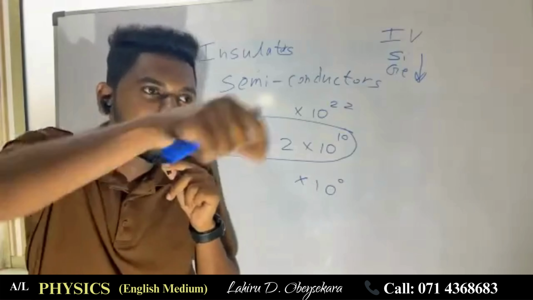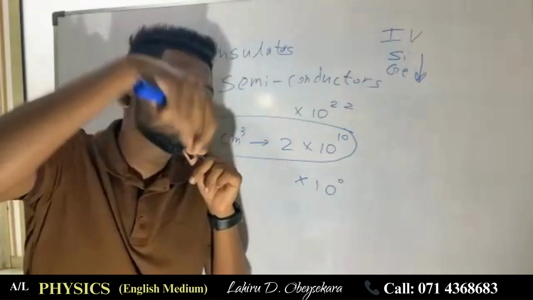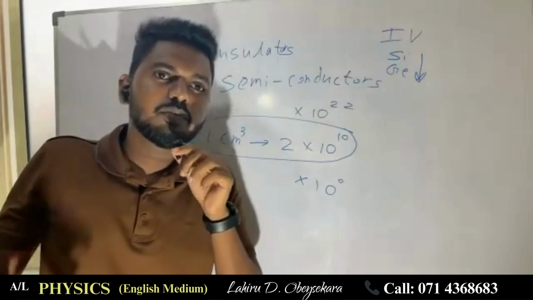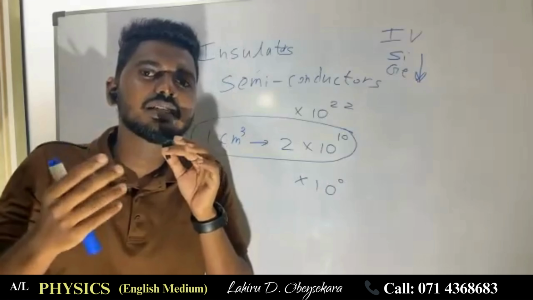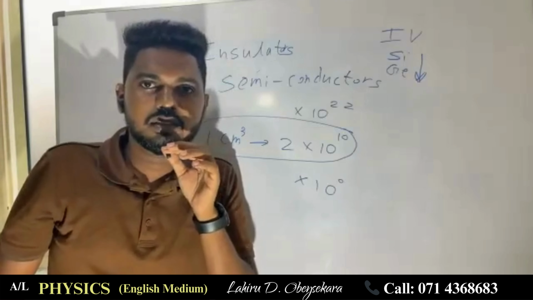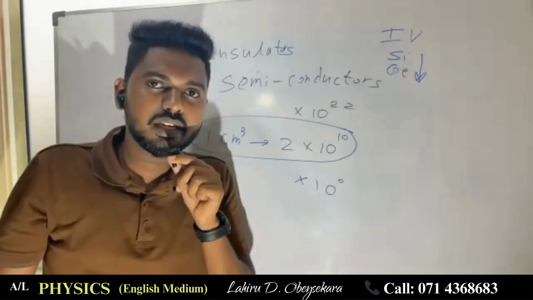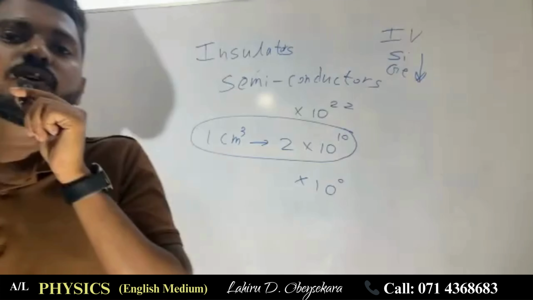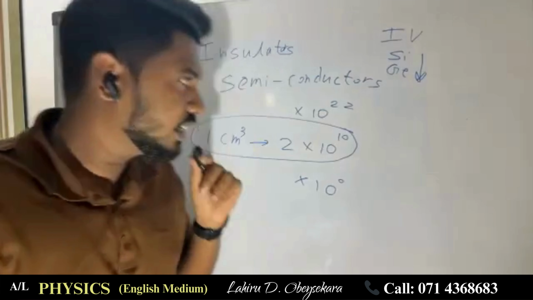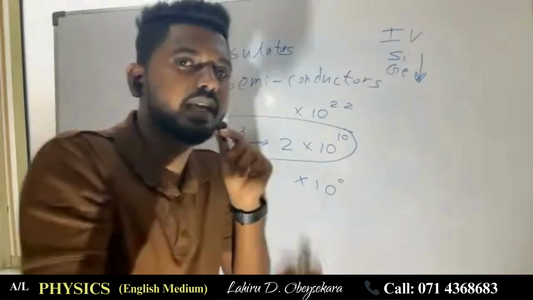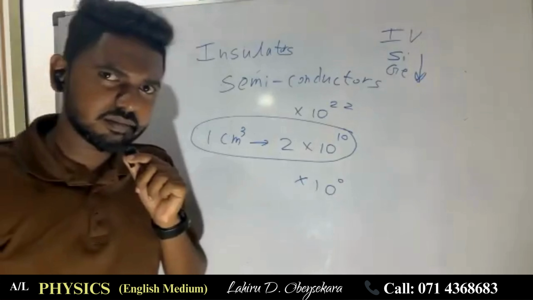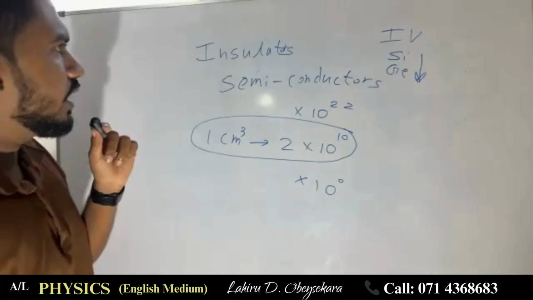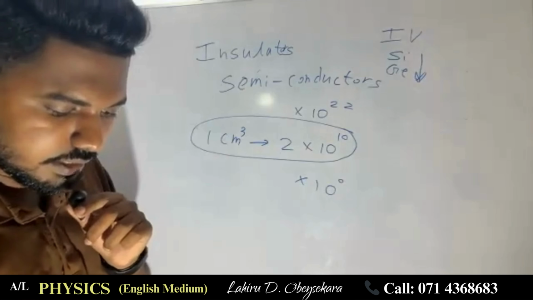Why? They have 7 electrons or 6 electrons in the outer shell. To complete the bond, the easiest thing is to take 1 or 2 electrons, not remove 6 or 7 electrons. That's why there are no free electrons. But when we consider this fourth group, what happened? It can remove 4 or take 4 to complete its final energy level. That's why this is known as semiconductors.